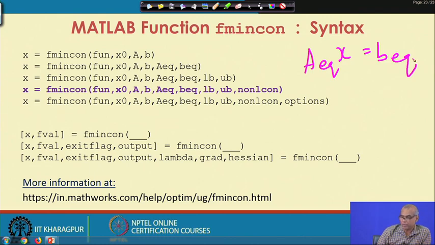If you do not want to supply bounds on x, you use syntax up to this. Next, if you want to use bounds on decision variables, you use this.